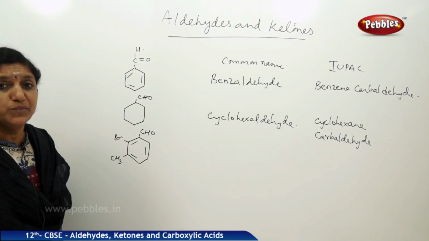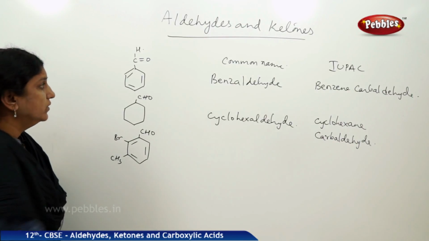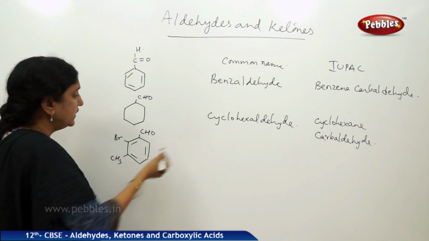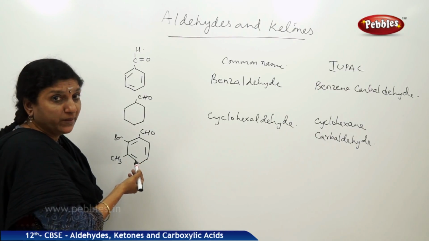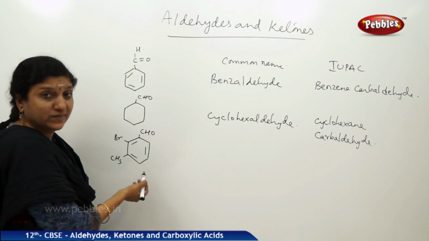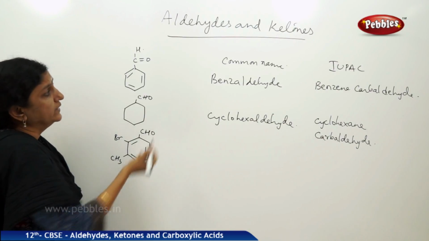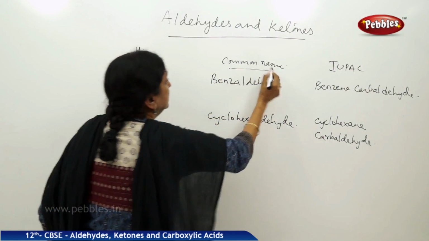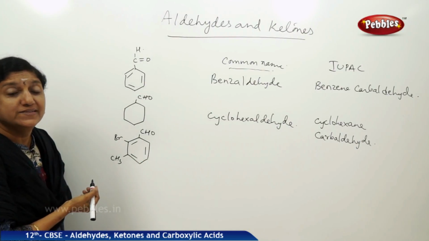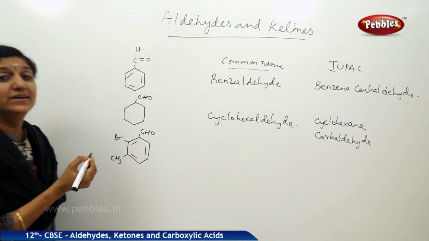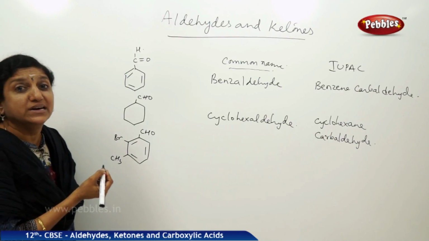How do you name this particular compound? As usual, we will name the parent hydrocarbon, that is benzene. And where are the substituents present? In the common system, the position of the substituents is indicated by the symbols alpha, beta and gamma.